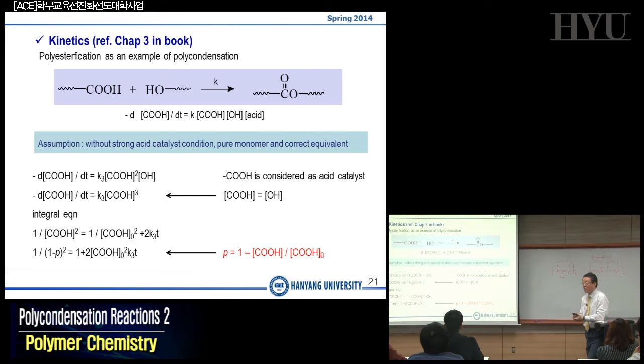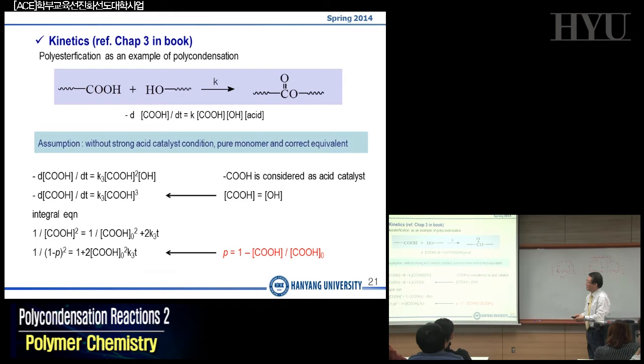It's a little complicated if you first look at it, but it's not that complicated. We assume the equimolar concentration of the carboxylic acid and hydroxy group, and we put the acid as a strong acid to catalyze this reaction, and the integration of this equation will come up with the final equation.